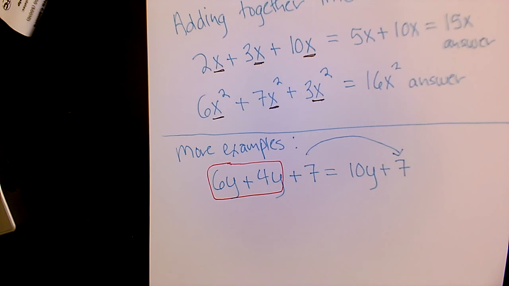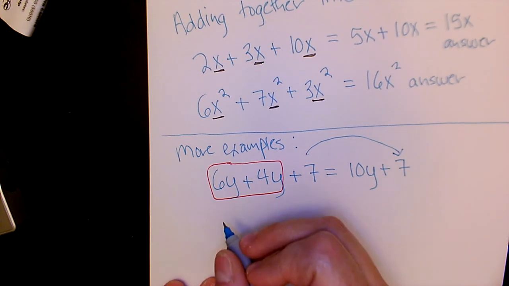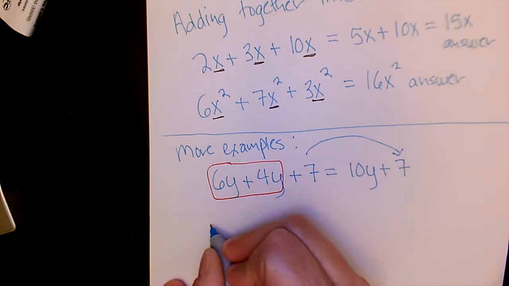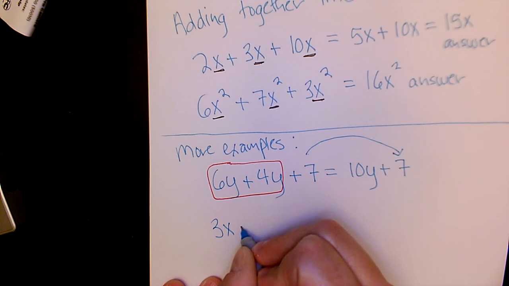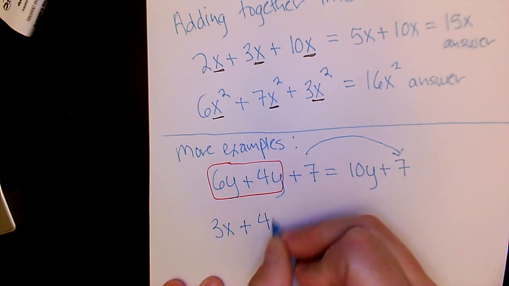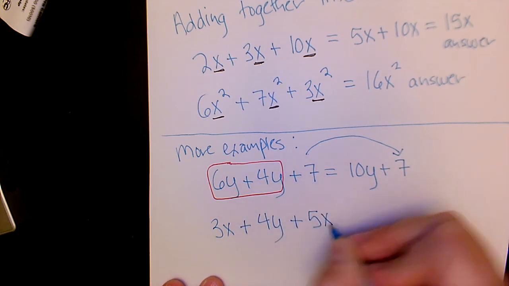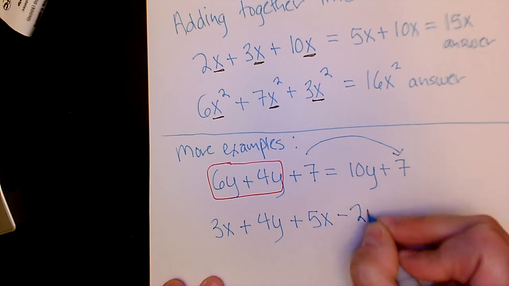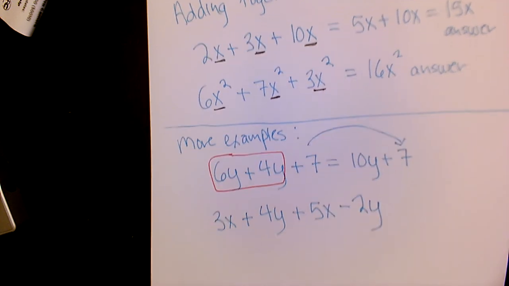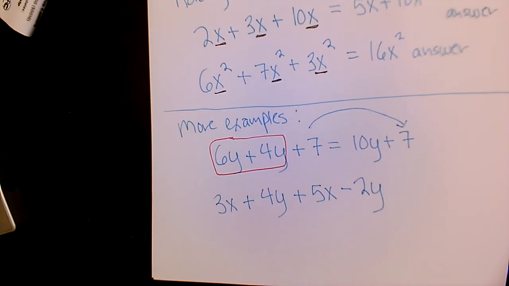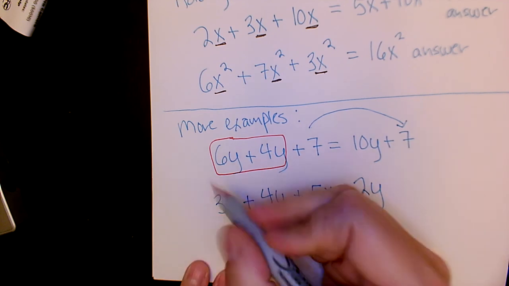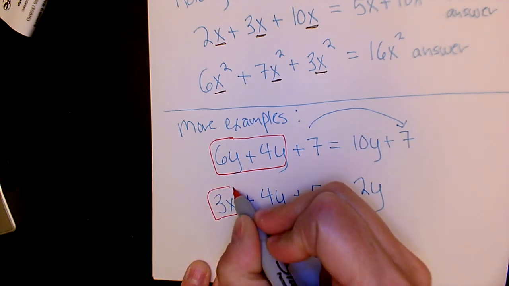What if we had 2 variables? Okay, so I'm going to box in the ones that match up.